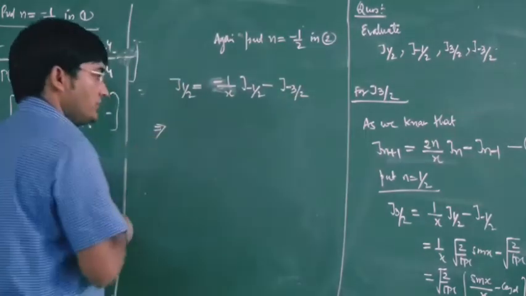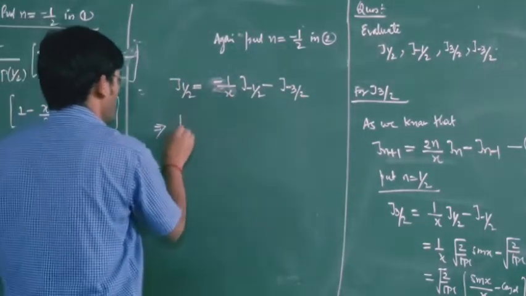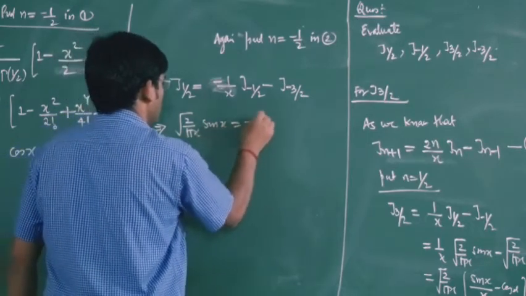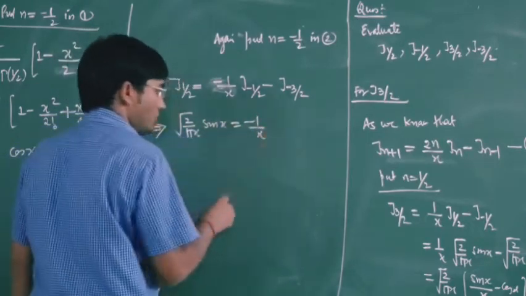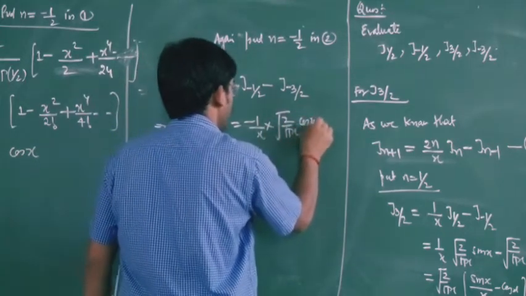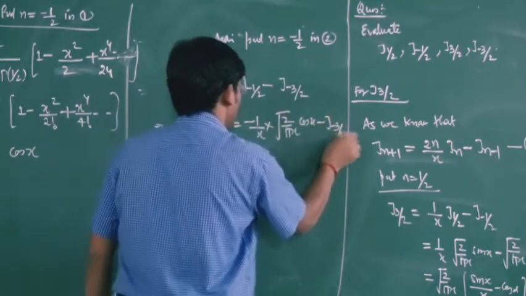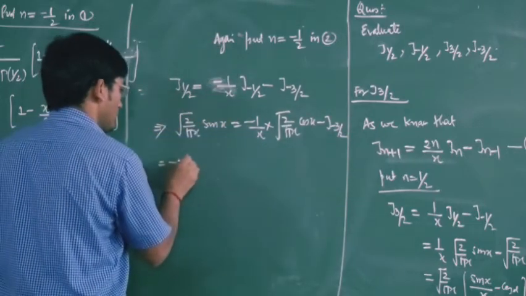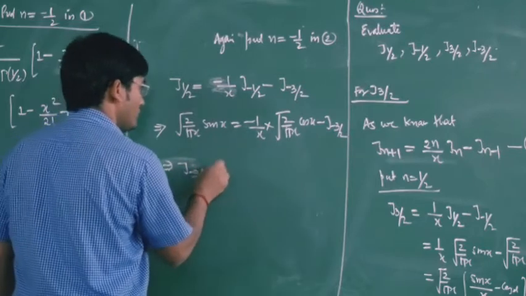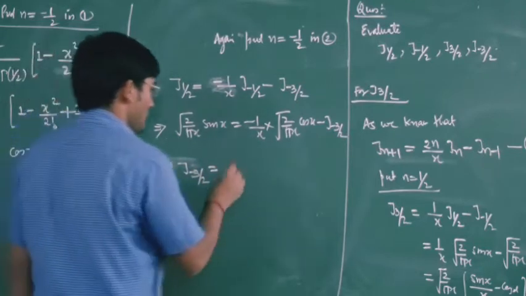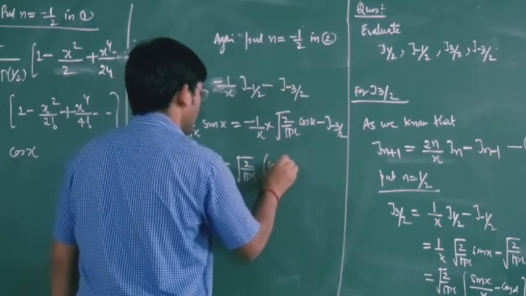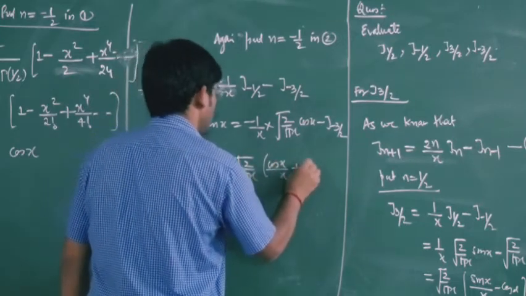So your J half is root 2 upon pi x sin x, this is minus 1 upon x into J minus half, J minus half is root 2 upon pi x into cos x, minus J minus 3 by 2. So J minus 3 by 2 is equal to minus root 2 upon pi x, cos x upon x plus sin x.